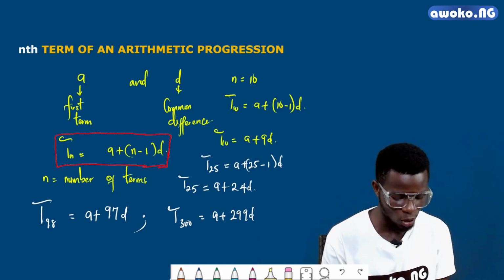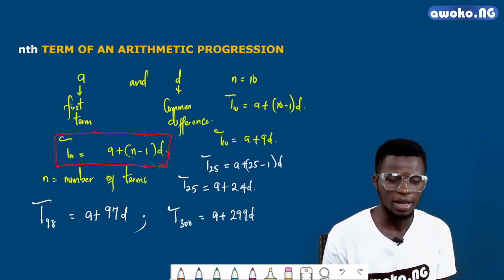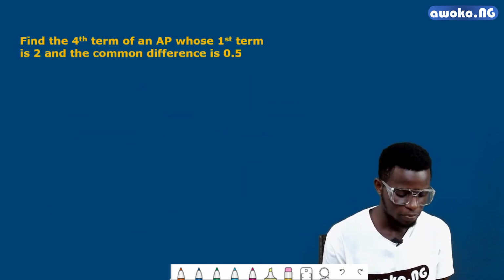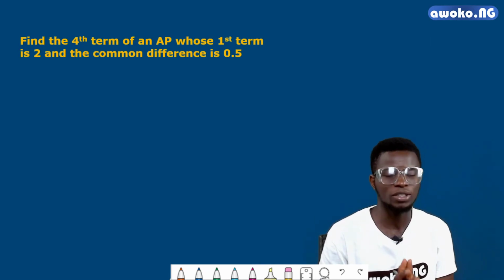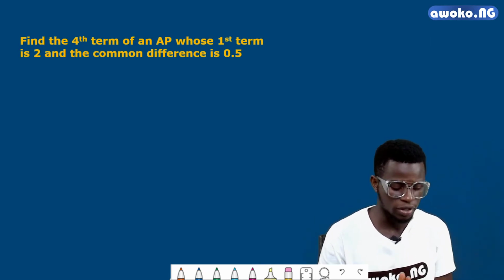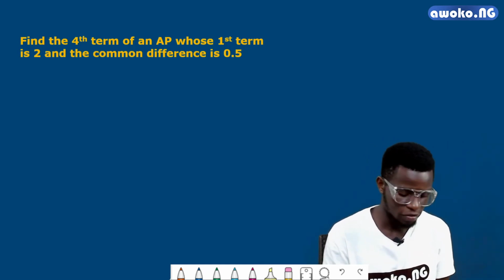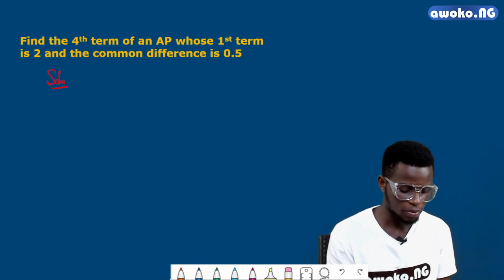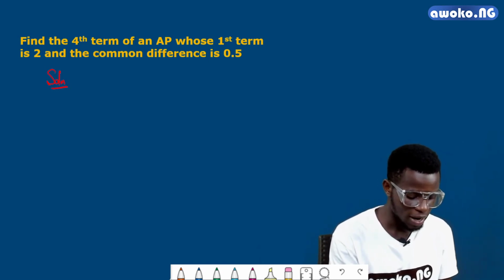Since that is done, let us take an example to illustrate what I just discussed. Find the fourth term of an arithmetic progression whose first term is 2 and common difference is 0.5. The solution to the problem is, we're asked to find T4.